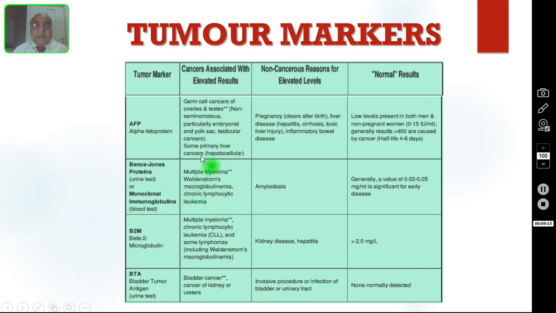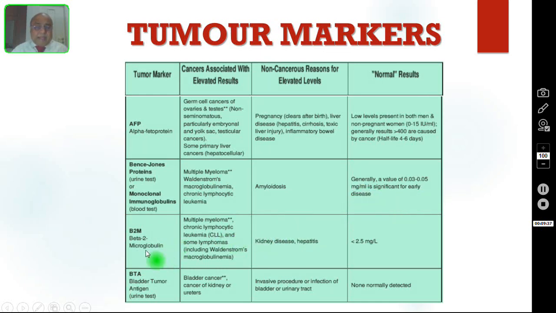These are the malignant causes for elevation of Bence-Jones protein. The non-malignant cause is amyloidosis. Generally a value of 0.03 to 0.05 milligram per ml is significant for early disease regarding the Bence-Jones protein.